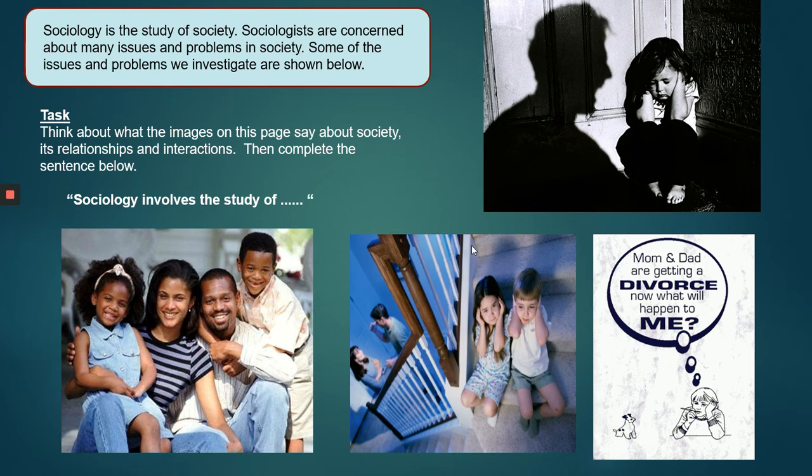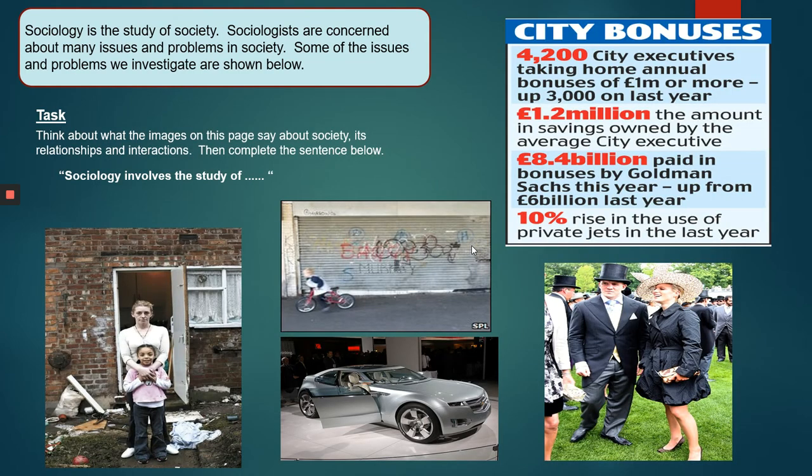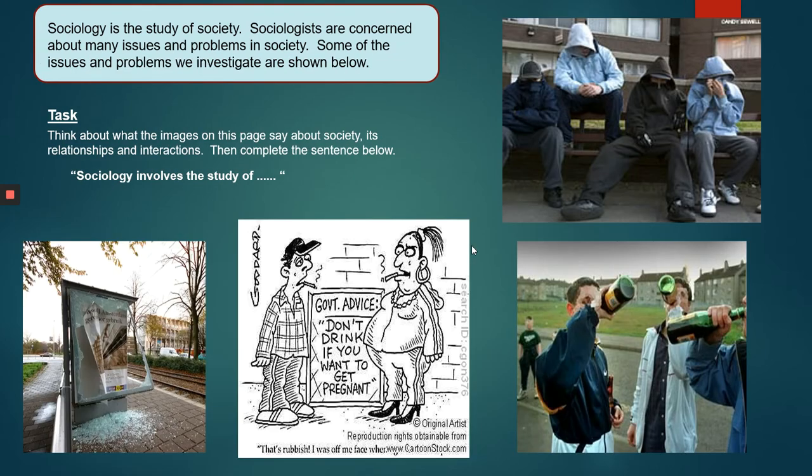So this one relates to divorce. I would pose the question here: why are divorce rates rising? And there are many angles that you can look at this from. This one taps into pictures on social class and poverty. And you could link this one to urbanisation, social class, and crime.